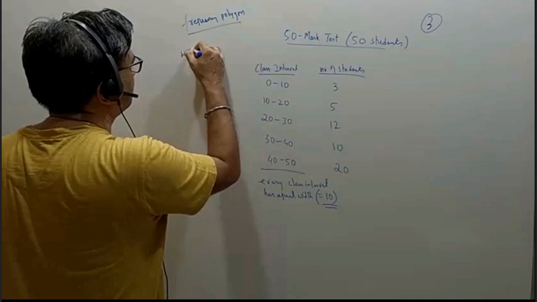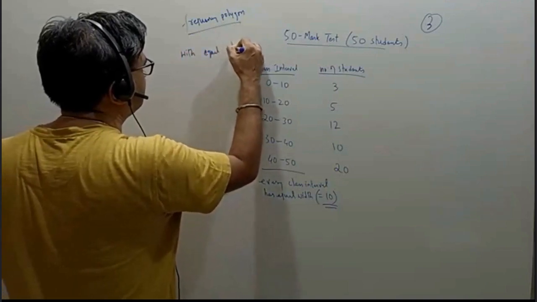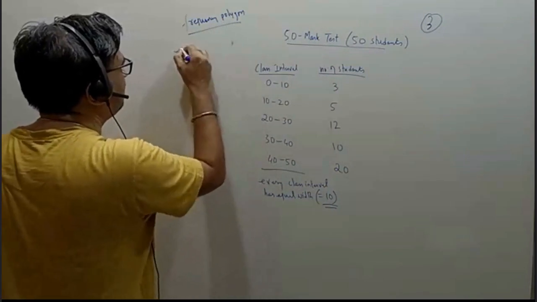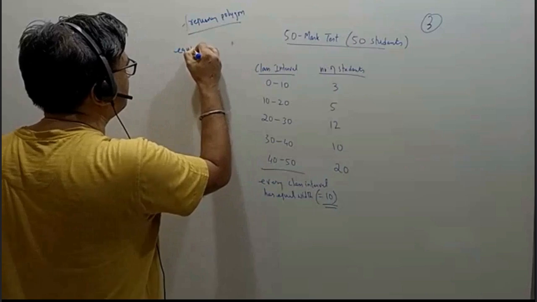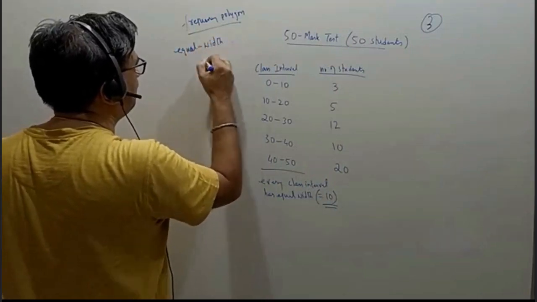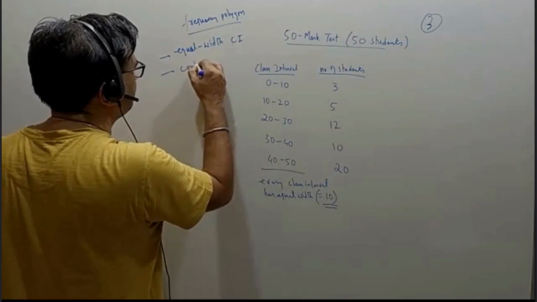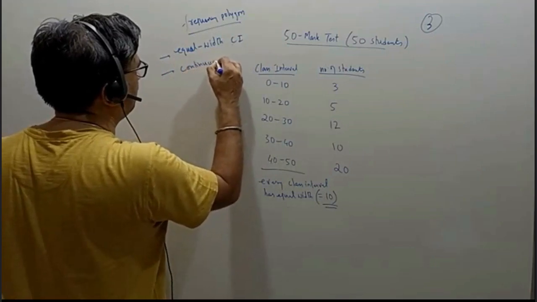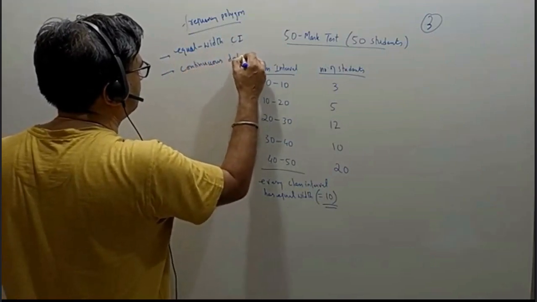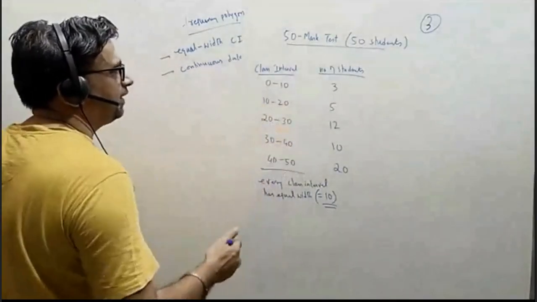a frequency polygon with equal class intervals or equal width class interval and continuous data. It's the same data, right? So we already saw that the data is continuous and every class is 10 units wide.